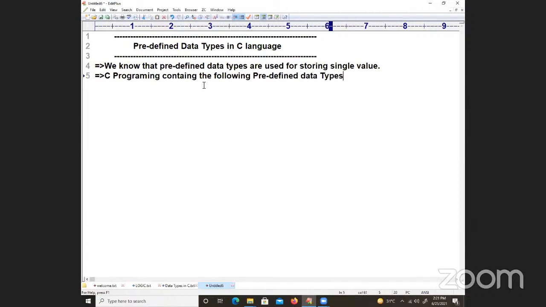Number one, the first one is called int. Under that, a lot of subdata types are there. First, we will talk about the major one. Later, we will talk about the subdata types: unsigned int, signed int, long int. There are varieties, but the major one is int. In that, some subdivisions are there.